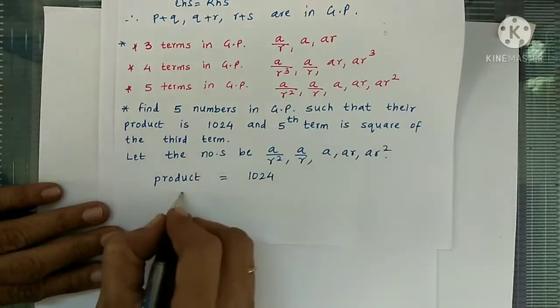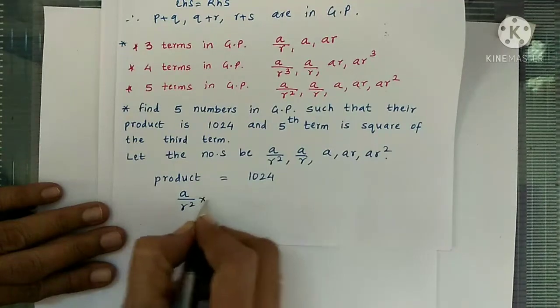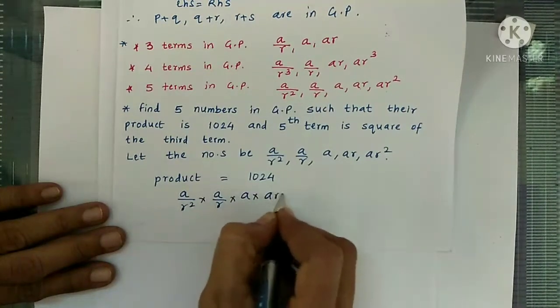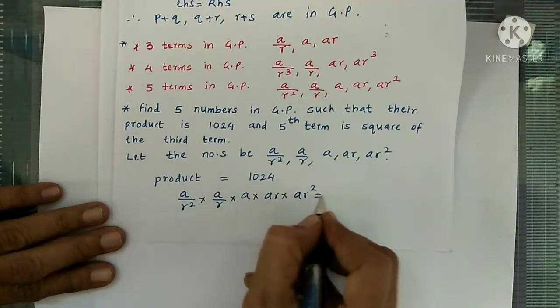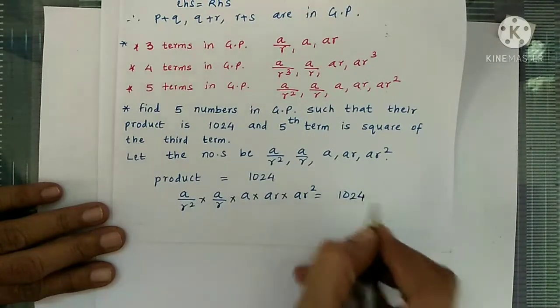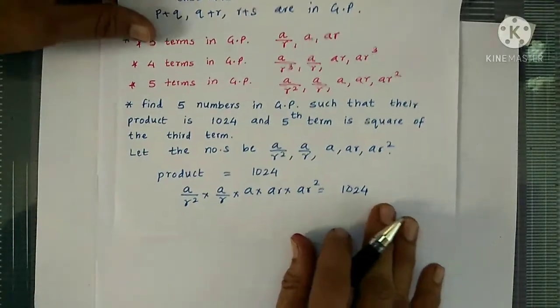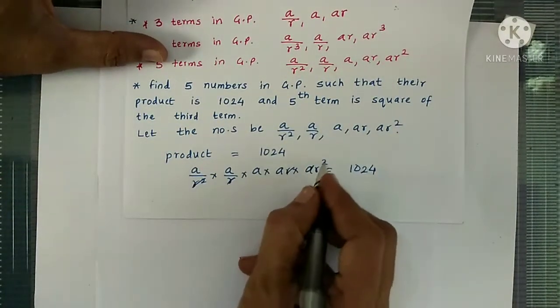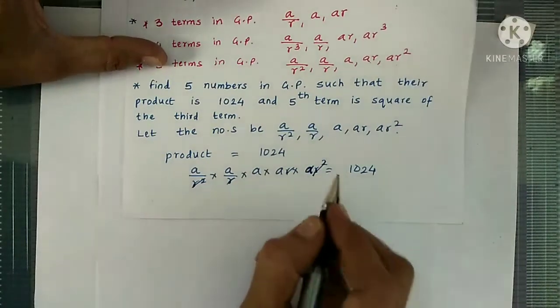So the product is A by R square, A by R, A, AR, AR square, equal to 1024. Now here R square gets cancelled. A is as it is.